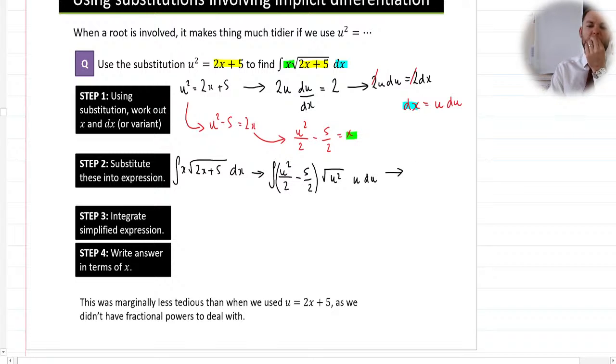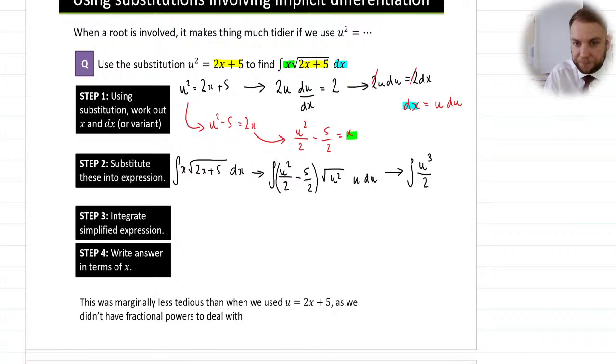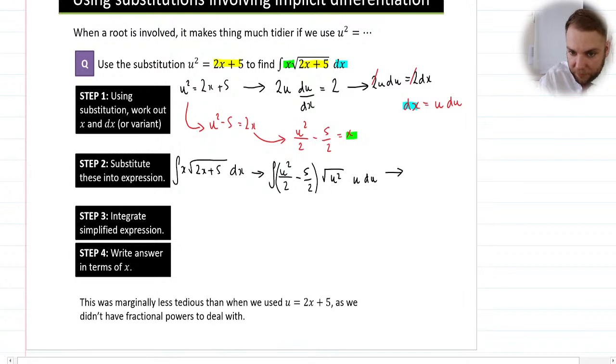So let's then simplify this. Now, the root of u squared is just going to be equal to u. I've actually forgotten about this u outside here, so let's do that first of all. The integral of u squared all over 2 minus 5 over 2.